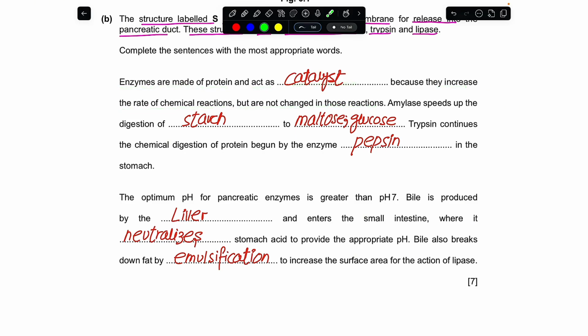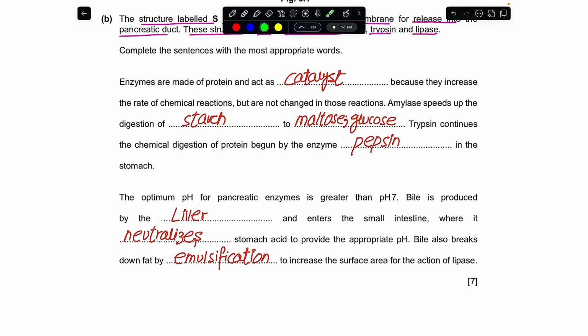So we know enzymes act as a catalyst. Later they say amylase speeds up the digestion of dash to dash. So we know amylase works on the starch and converts it into maltose. If you would write glucose, that would also be correct.